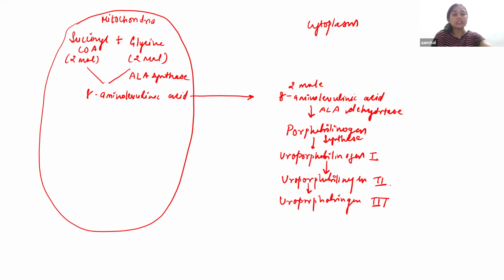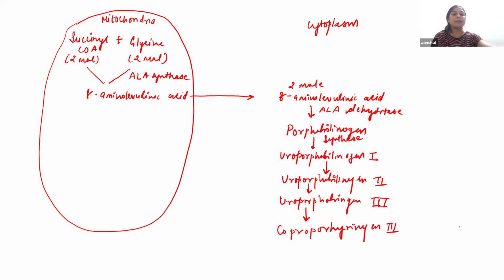Now, from this third product, finally, we constitute a product that is very essential. So, from this uroporphyrinogen 3, we get a final product that is known as coproporphyrinogen 3.